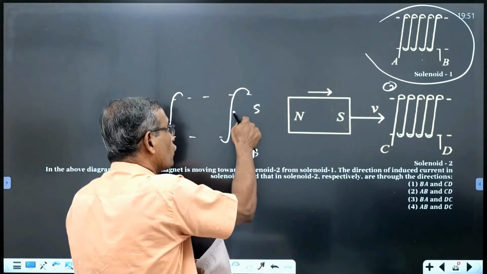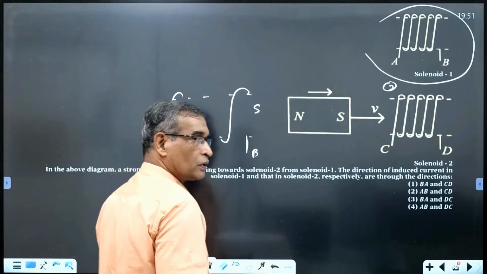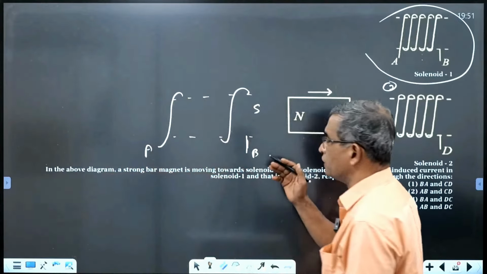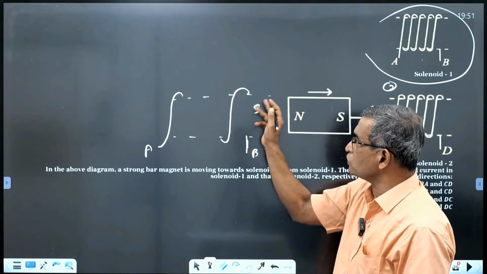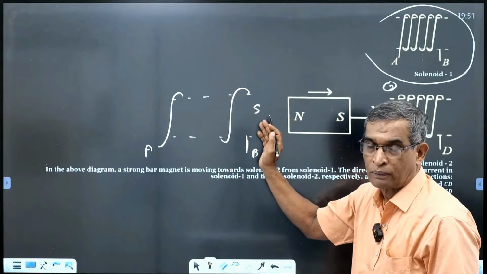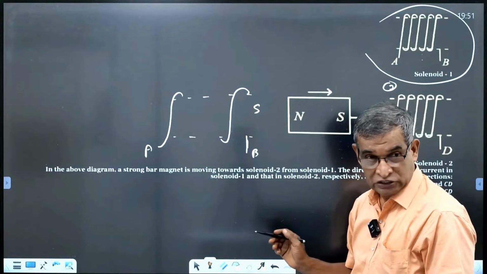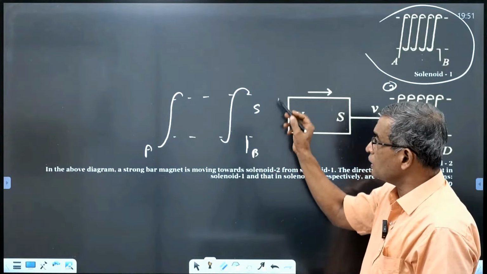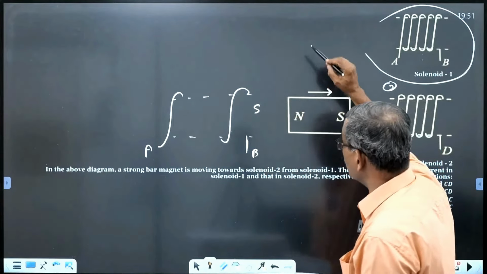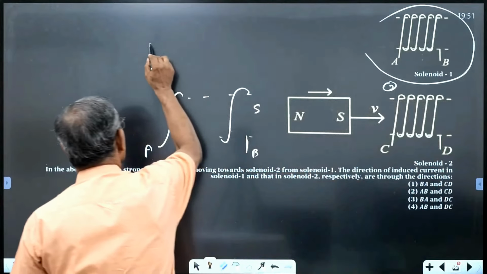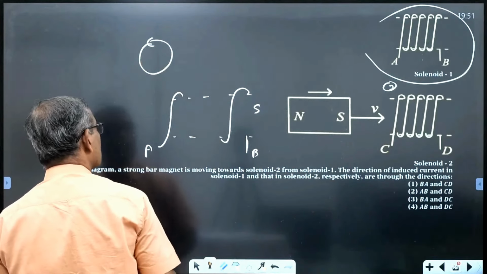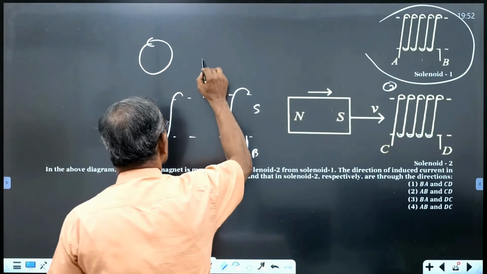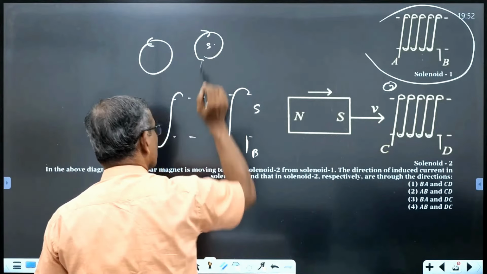And therefore, this end must act as a north pole. Looking from here, this face of the solenoid must act as a north pole, and therefore the current must be, you know that when you look into a solenoid, if the current is anti-clockwise, it is a north pole, if it is clockwise, it is a south pole.